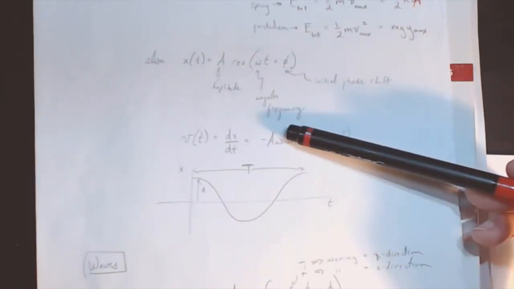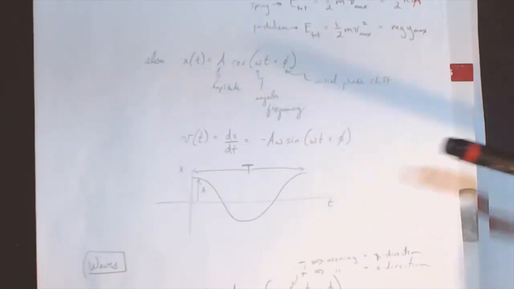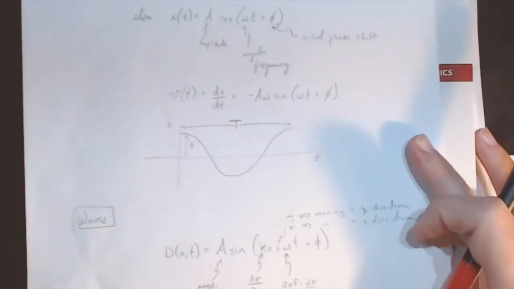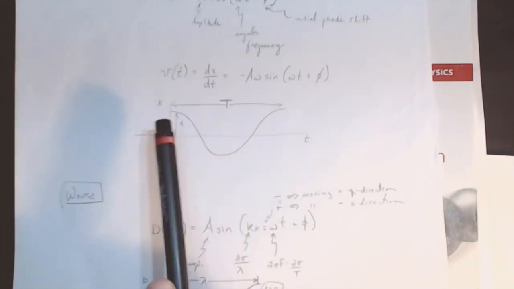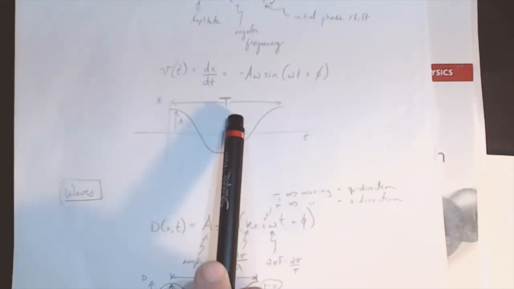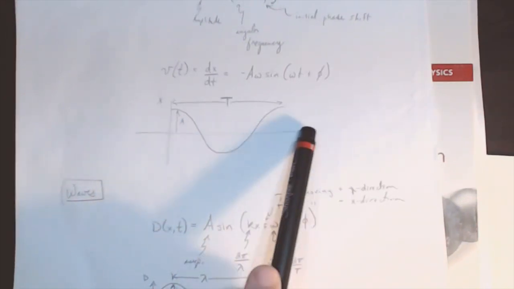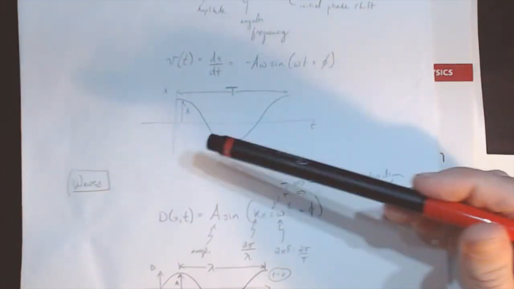So you have minus a omega sine of omega t plus that phase shift. If I plot the position as a function of time and I go from peak to peak, I'm getting the period, and the amplitude is the distance from that central line to the maximum or minimum point, that distance. So your amplitude is always a positive number.